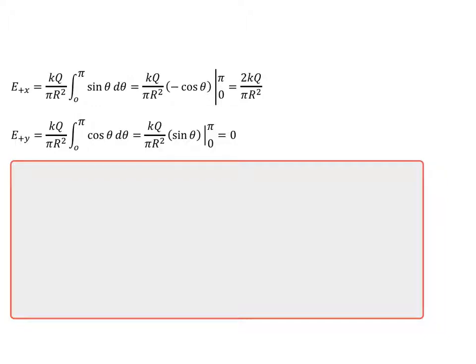Same integral, except you're dealing with a cosine as your varying function. And it just happens to be the case that crunching up sine theta from 0 to pi gets you a big fat 0.